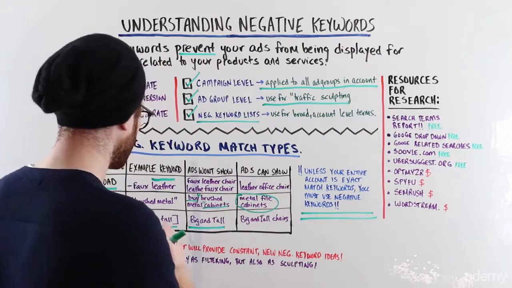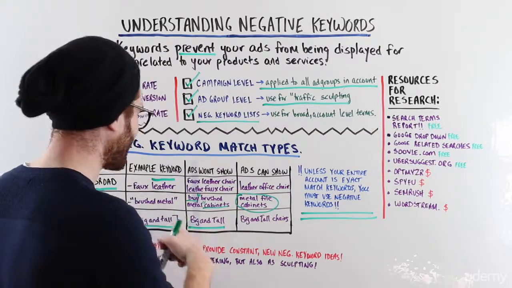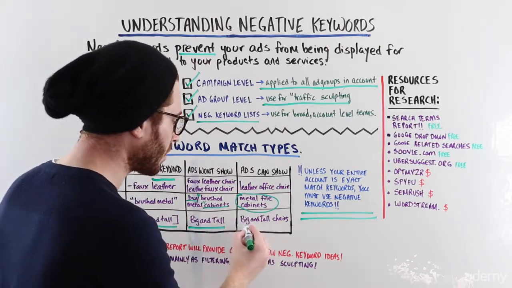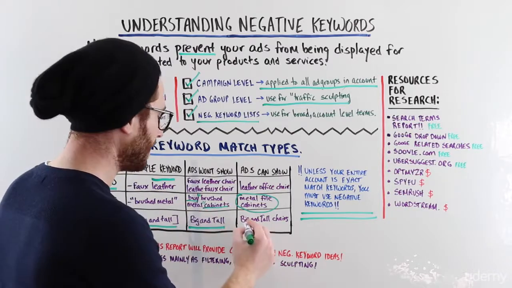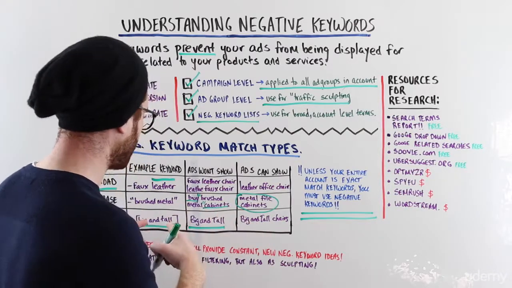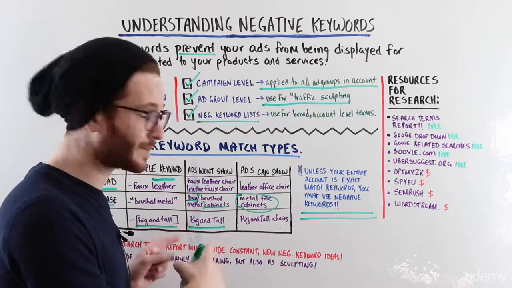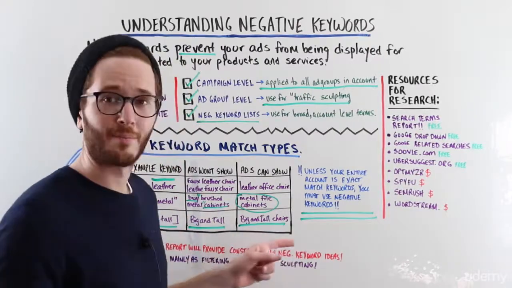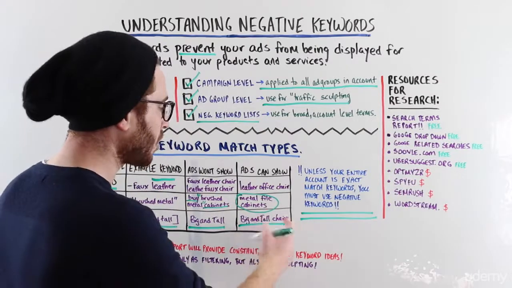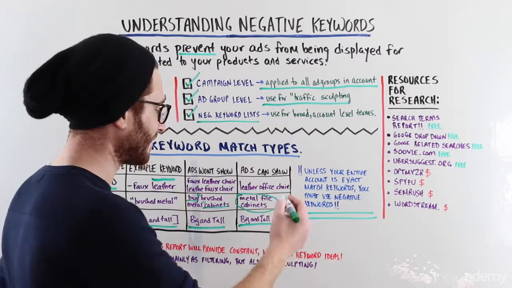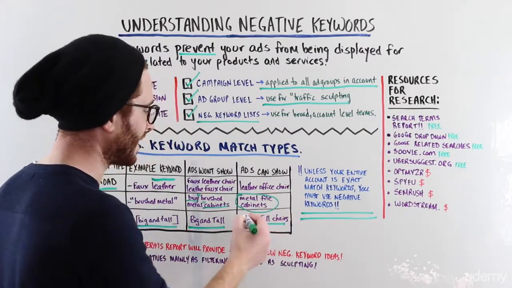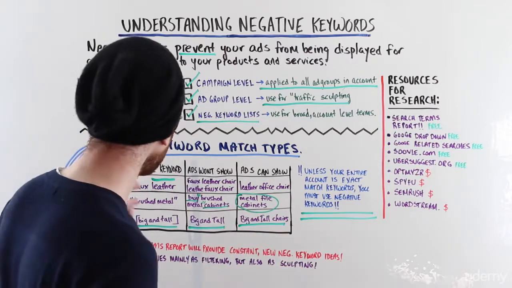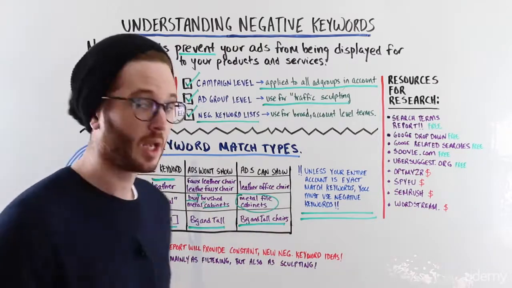If somebody types in big and tall, my ads will not show. But this is very important, because if you want to knock out big and tall for all queries, you should use phrase match or broad match. If somebody types in big and tall chairs, my ads will show, because big and tall chairs was not my exact match negative keyword, just big and tall was. So we have broad match, phrase match, and exact match.